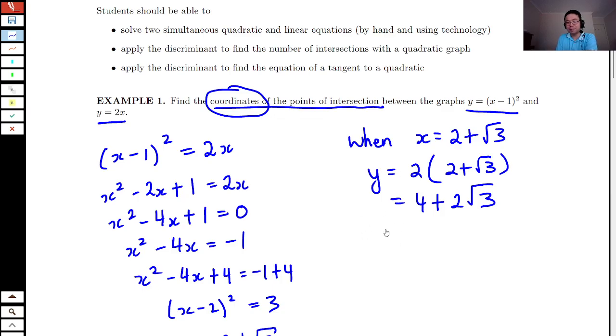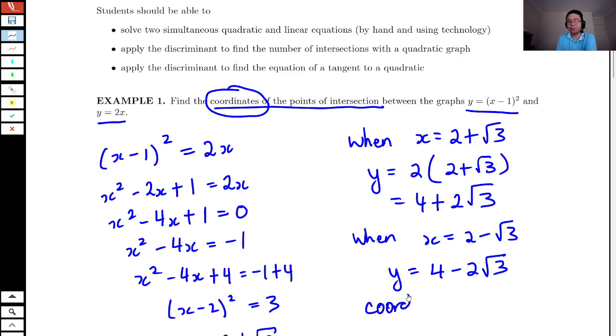And similarly, when x equals 2 minus root 3, y equals 4 minus 2 root 3. Just skipping a step there. So the coordinates are (2 plus root 3, 4 plus 2 root 3) and (2 minus root 3, 4 minus 2 root 3).